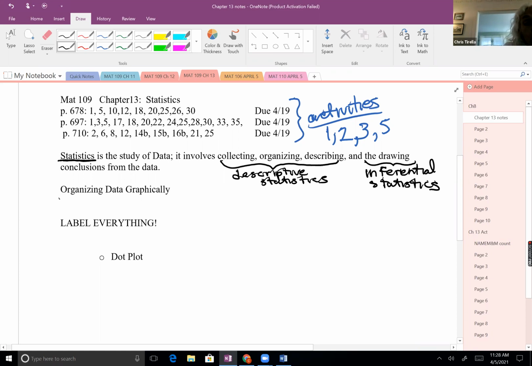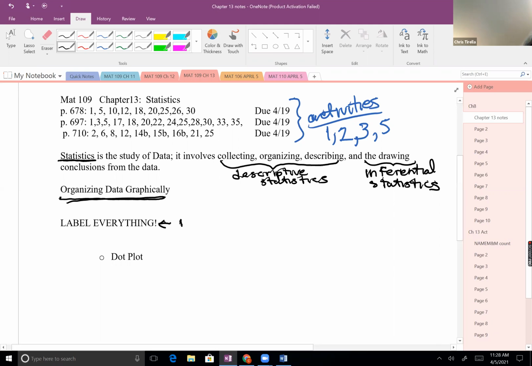Today, we're going to focus on the first section of the chapter, which focuses on the idea of organizing data graphically. I put in bold print, label everything. Because when we organize it graphically, we're setting it up so that somebody can look at it and understand what we got. If we just put a long list of numbers, sometimes that's harder to deal with than if we use some of these organizers.